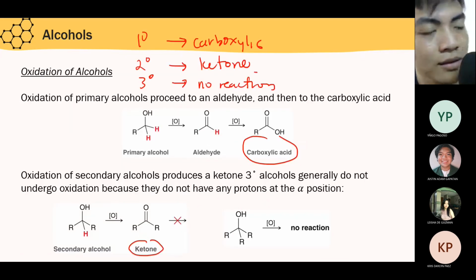And then lastly, alcohols can undergo oxidation. Primary alcohols turn into carboxylic acid. Secondary alcohols turn into ketones. Tertiary alcohol does not react with an oxidizing agent.